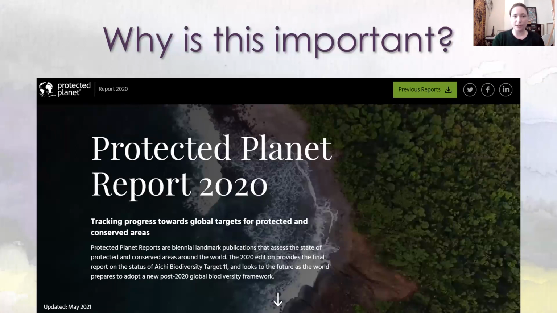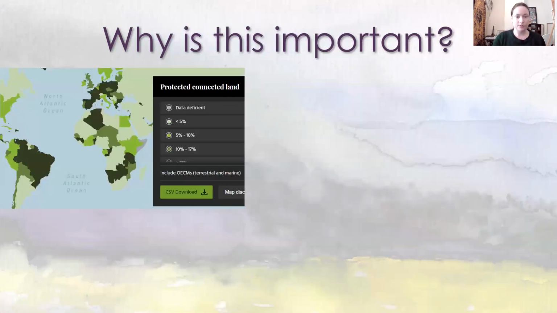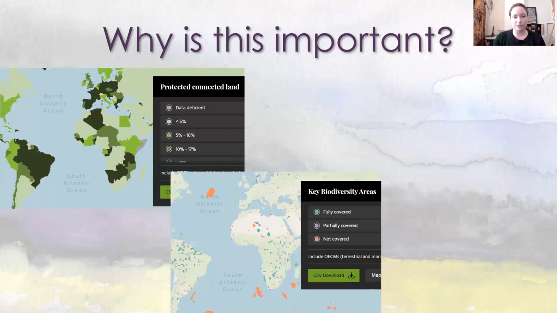And it goes beyond percentage coverage. Without complete data, we don't know how well connected the world's network of protected and conserved areas is. We don't know the extent to which it covers areas of importance for biodiversity, or whether it covers a representative sample of the world's ecosystems.